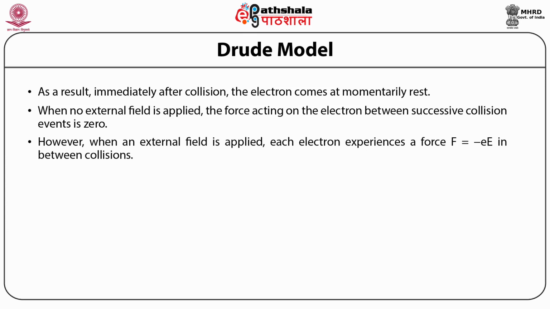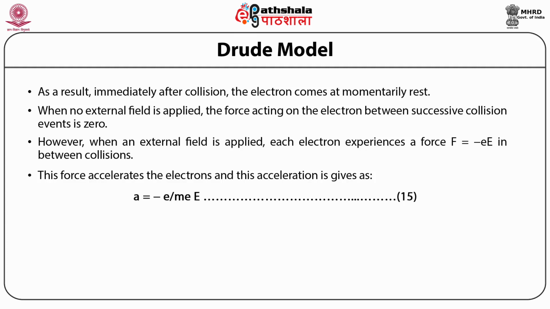However, when an electric field is applied, each electron experiences a force F equal to minus e into E between collisions. This force accelerates the electrons, and this acceleration is given by a equal to minus e by me into E. The capital E here is the EMF.